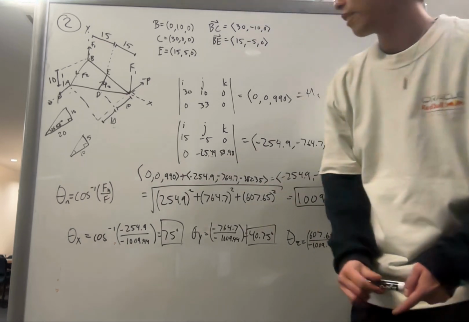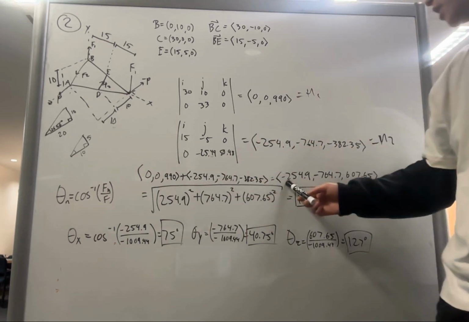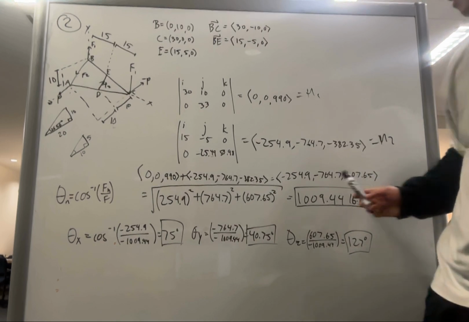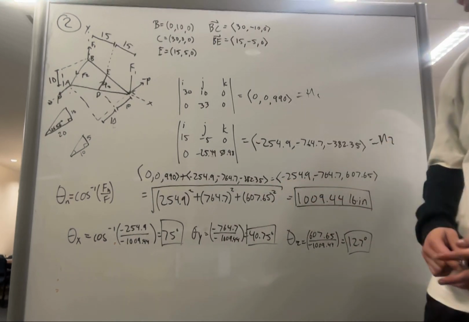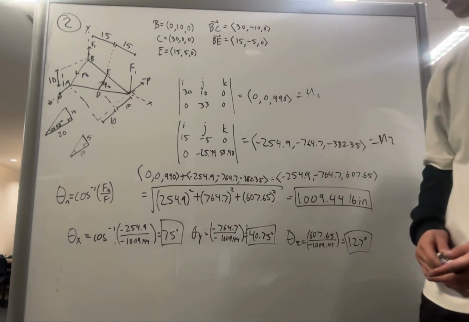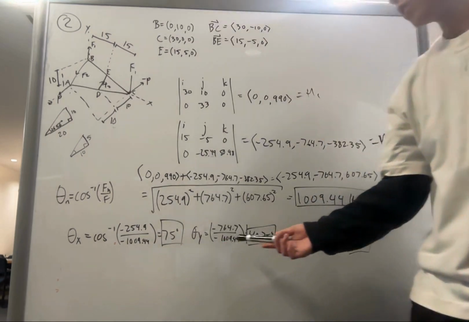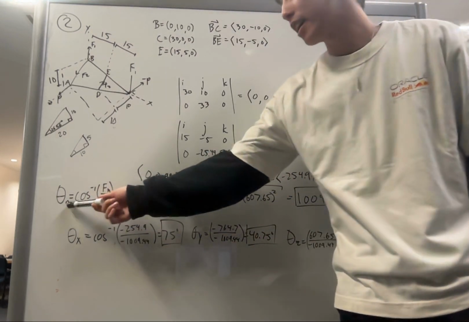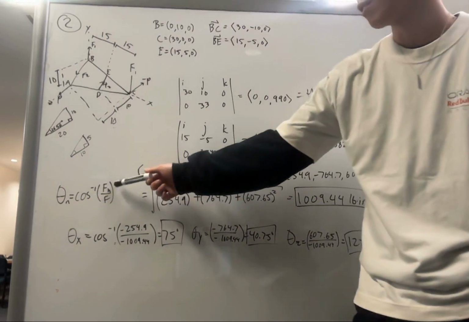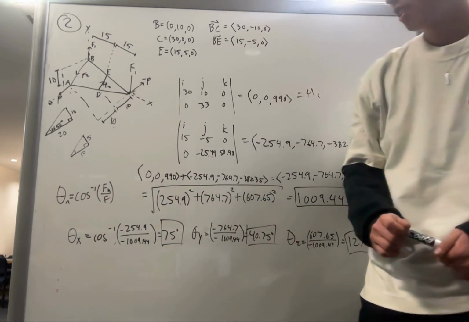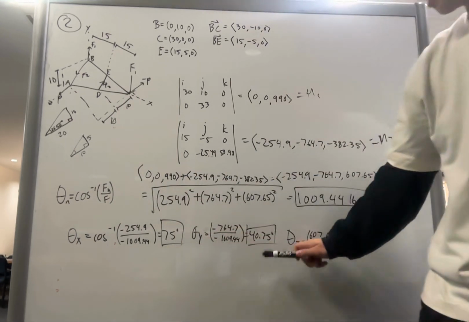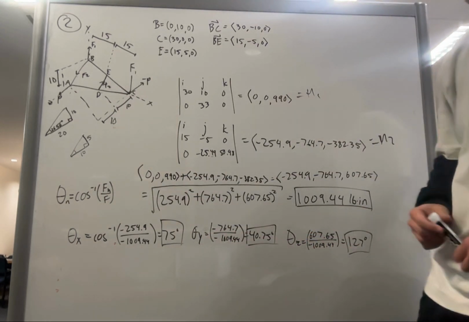After we get both, we add them up to get the resultant moment. Taking the magnitude of that, we get 1,009 pound-inches. To get the angles, we use the same formula we've been using, which is theta n is the inverse cosine of force n over force. And you get 75, 40.75, and 127.